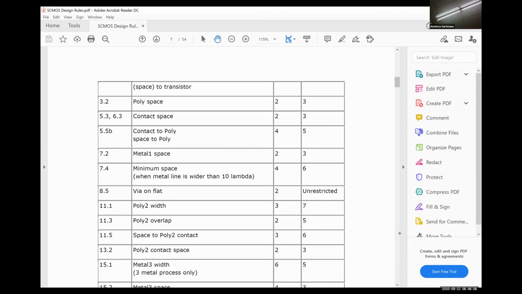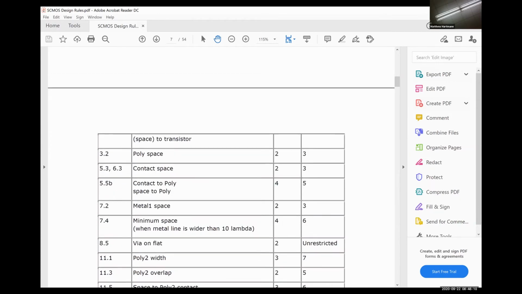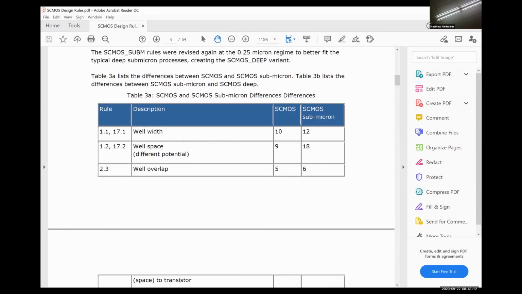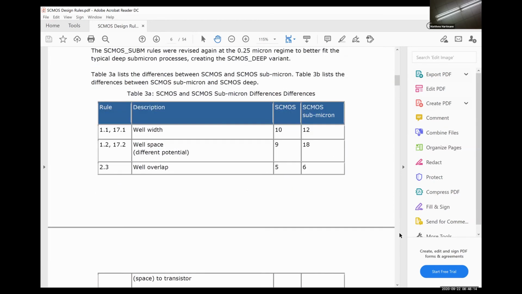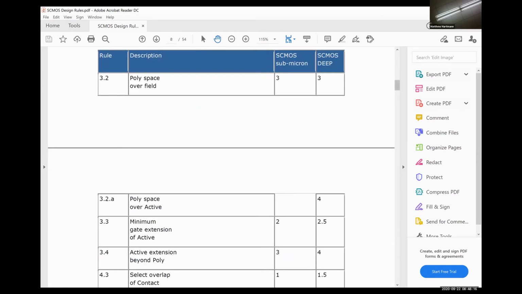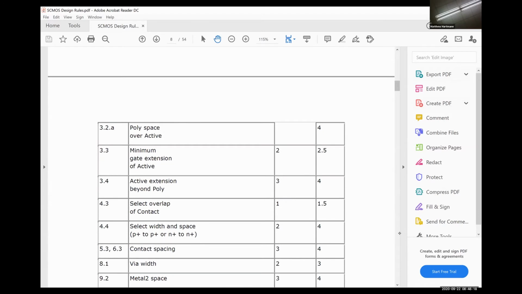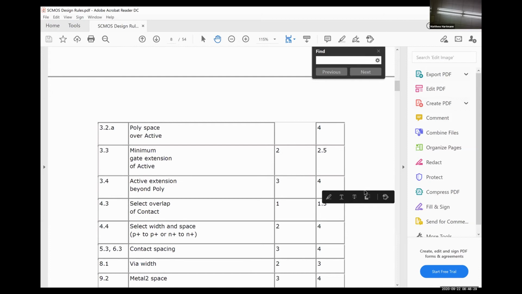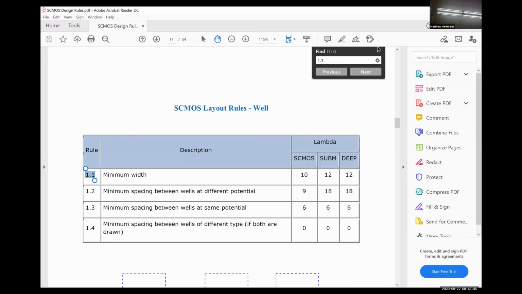Since we're only concerning ourselves with one, oh, sorry, this jumped to a bunch of other stuff. This isn't even really what I'm looking for. This is the good stuff.